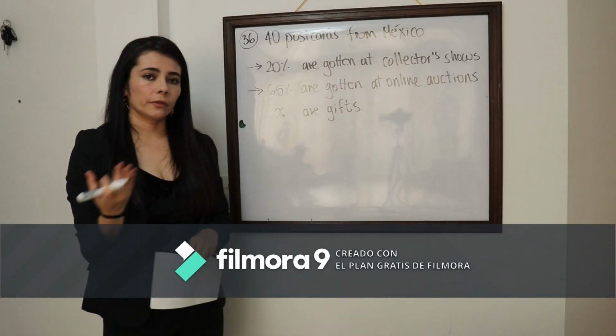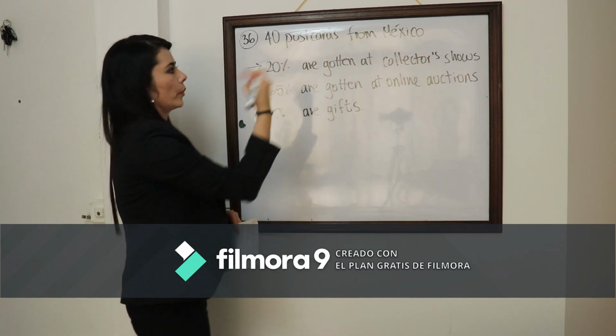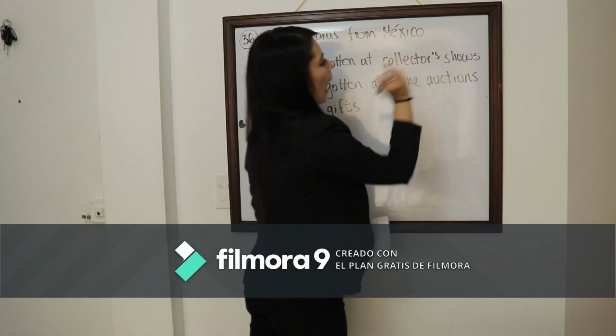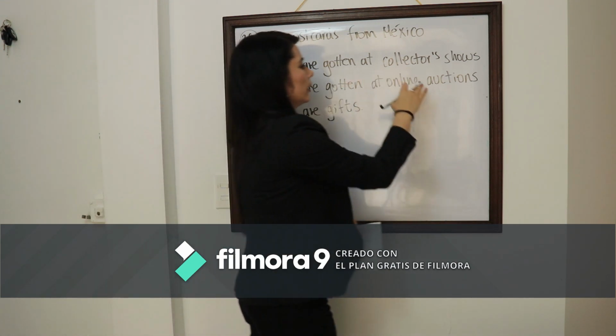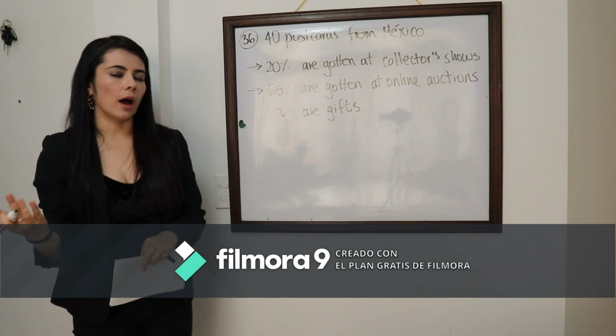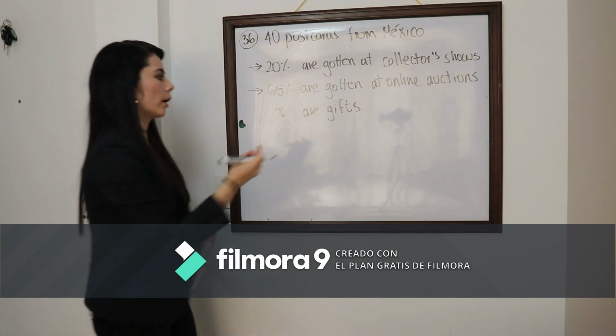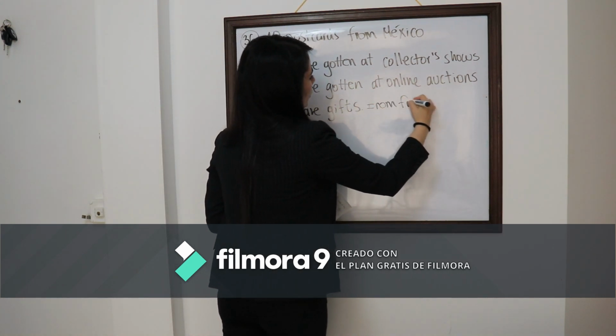So this is the information for problem 36. We have 40 postcards from Mexico, which we know 20% were gotten at the collector shows, 65% were gotten at the online auctions, and then there's a remaining amount of postcards which are going to be gifts from friends, right? Now we need to figure that out.